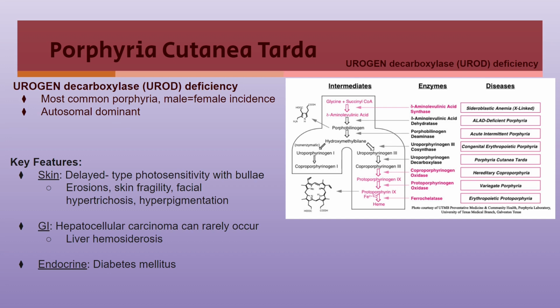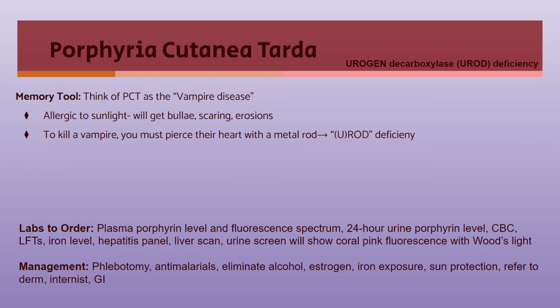You'll also notice erosions, skin fragility, facial hypertrichosis, and hyperpigmentation. And with GI symptoms, hepatocellular carcinoma can happen, liver hemosiderosis can happen because of hemochromatosis being concomitant in this disorder, and noting that the hemochromatosis is common in this disorder, diabetes mellitus can also happen.